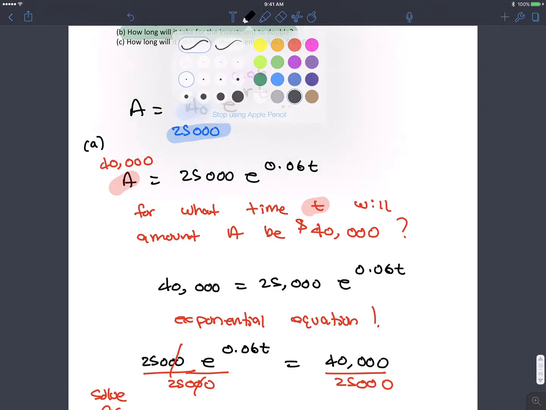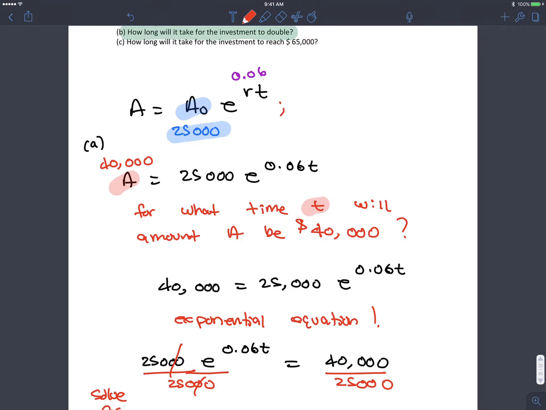So to double, what doubling is that the amount A is going to be 2 times the initial amount, or the amount A will be 2 times that 25,000.